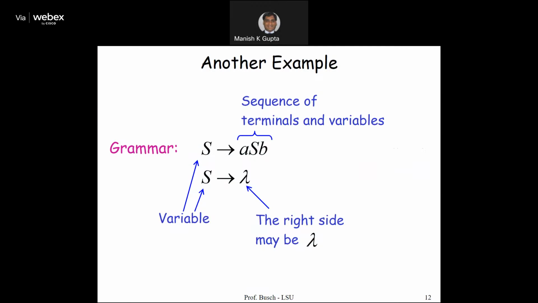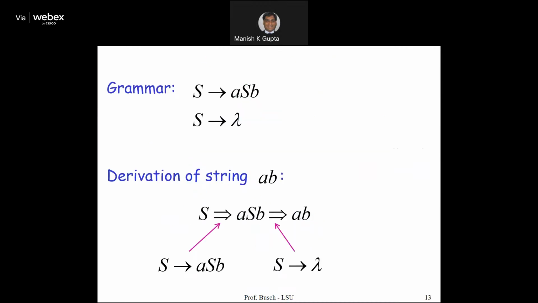It's very easy. The first string is lambda itself. How do we generate the string ab? S goes to aSb. Then you use the second rule, S goes to lambda, and you will get ab. Sequentially, I am using these two production rules and we are getting the string ab.